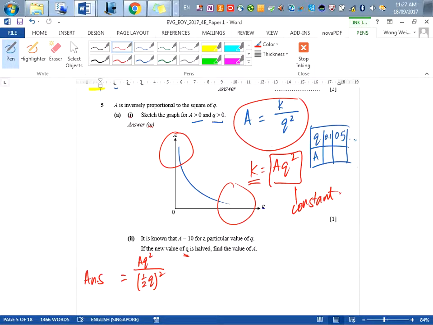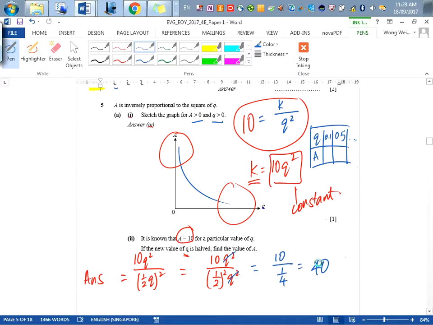In the question they say that A is equals to 10 for a particular value of Q. So we can replace the A with 10. 10 is equals to K Q squared. So 10 Q squared divided by the square of the new value of Q, which is half Q. This will be 10 divided by half squared. Here I have Q squared, and at the bottom I also have Q squared. Your Q squared will cancel out. And your final answer will be 10 over 1 over 4, which is equals to 40.